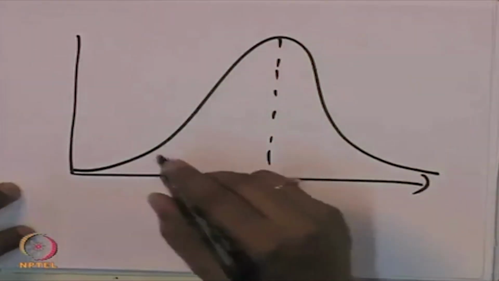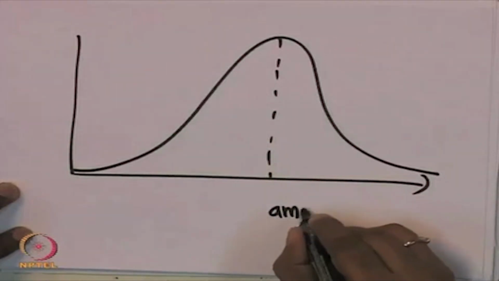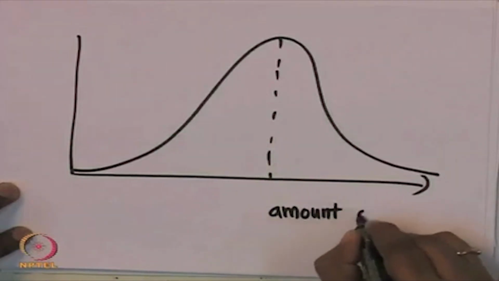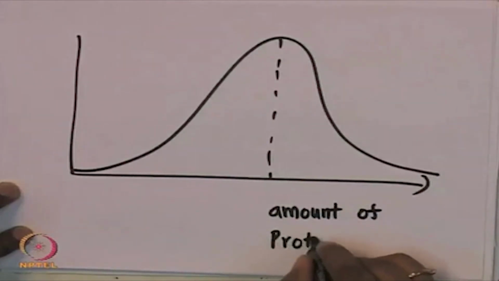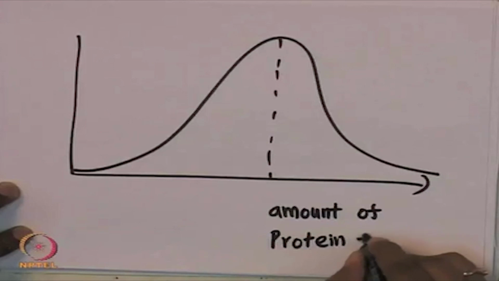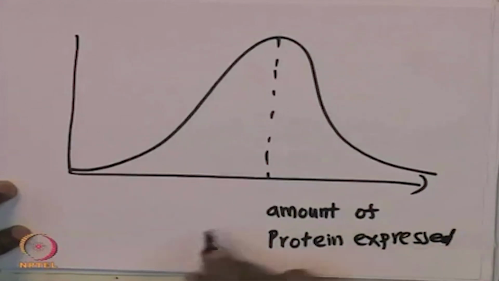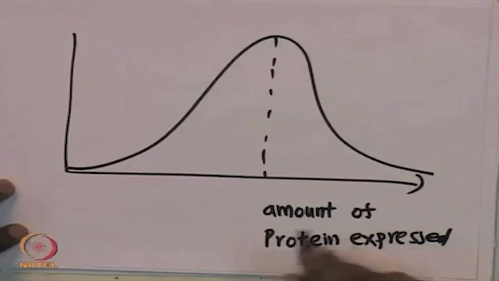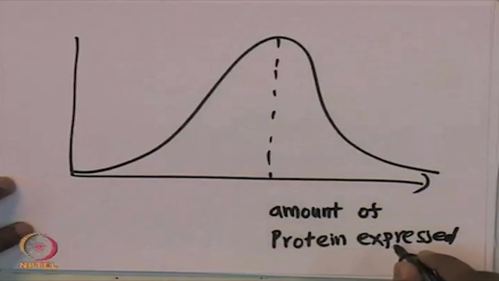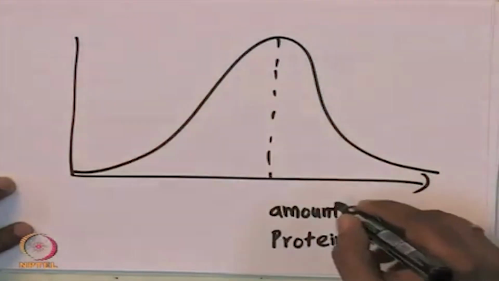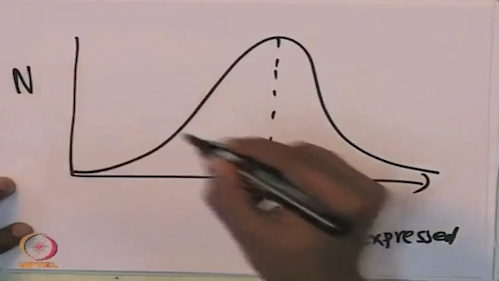So, now in this axis we plot the amount of protein expressed, or it could be the number of mRNA, and on the other axis how many cells express this amount, so the number of cells.